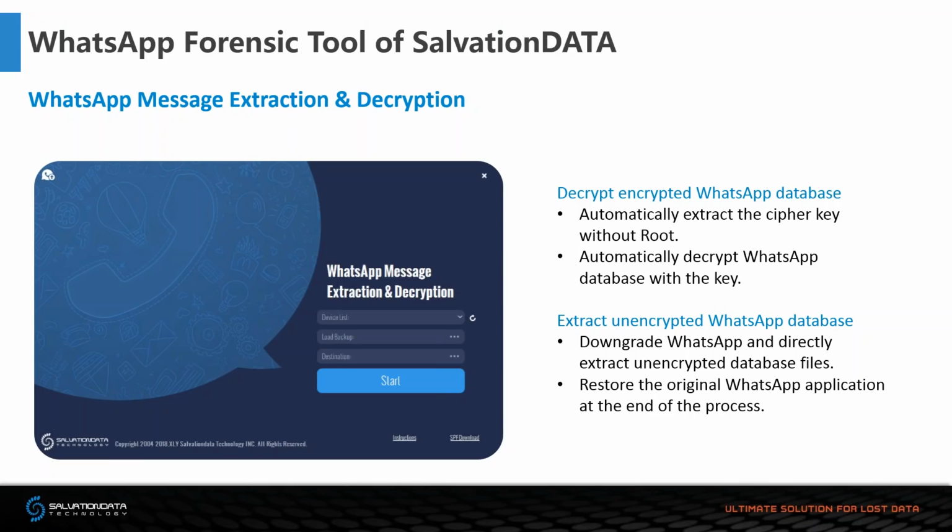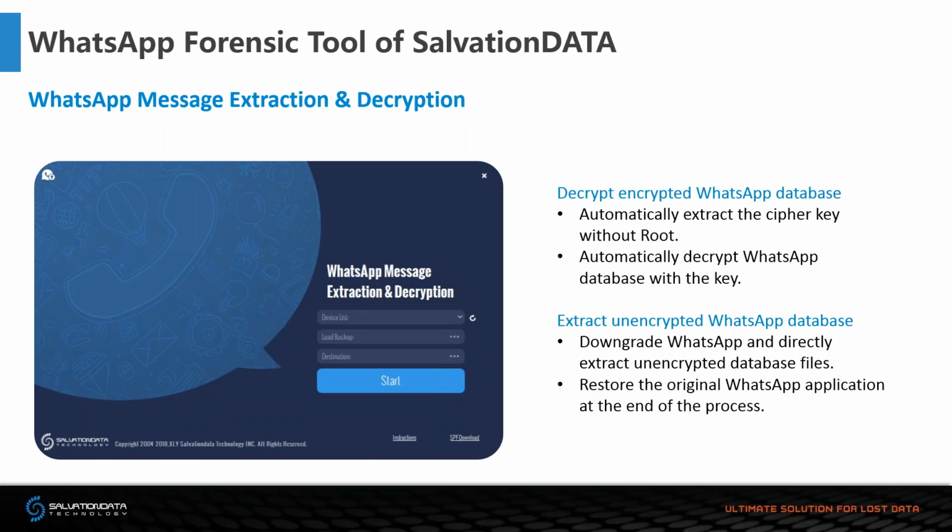Basically, this forensic tool is designed for two purposes. One is to extract unencrypted WhatsApp database without root. Another is to decrypt WhatsApp database files without root. Our WhatsApp forensic tool actually uses an automatic downgrade process to extract the backup files from WhatsApp.